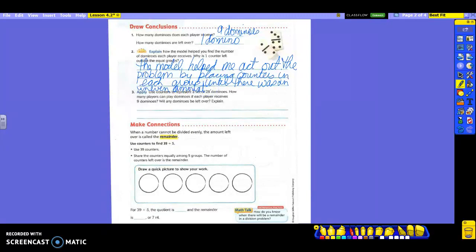One really long sentence. The model helped me act out the problem by placing counters in each group until there was an uneven amount. That would then tell us our remainder. It makes it really easy to count them when they're already acted out in a group right in front of us.